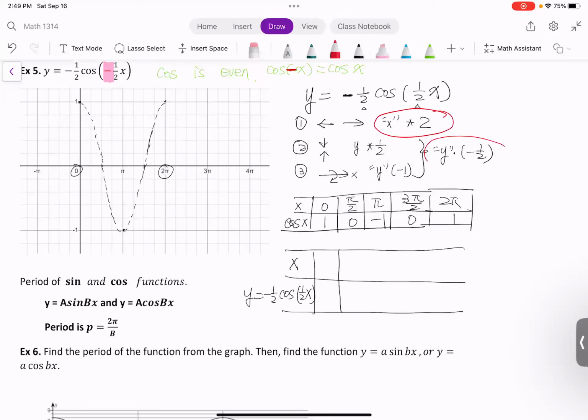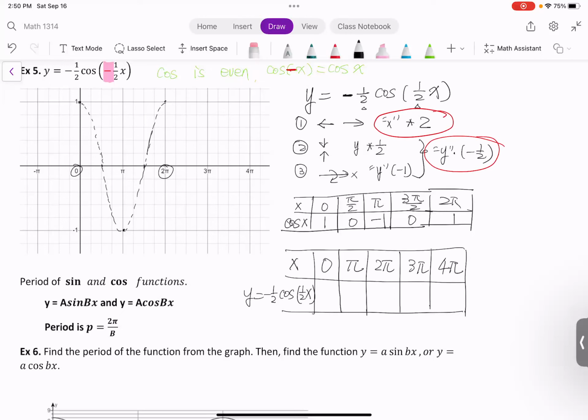First step: all of the x times 2, so we enlarge all the x values. 0 times 2 is 0. Pi over 2 times 2 is pi. Pi times 2 is 2 pi. 3 pi over 2 times 2 is 3 pi. 2 pi times 2 is 4 pi.